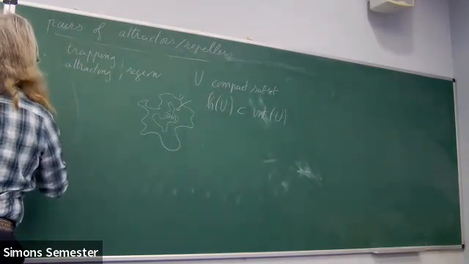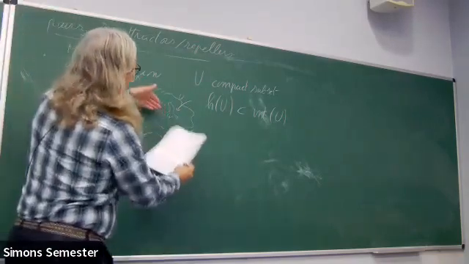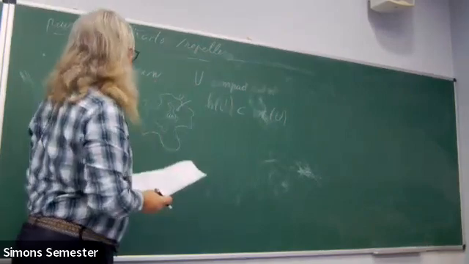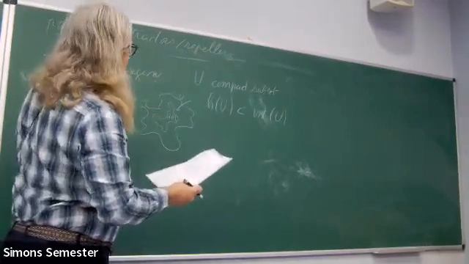Then, with this attracting region, every orbit is going inside this region, and none are going outside. So you can ask where they are going.